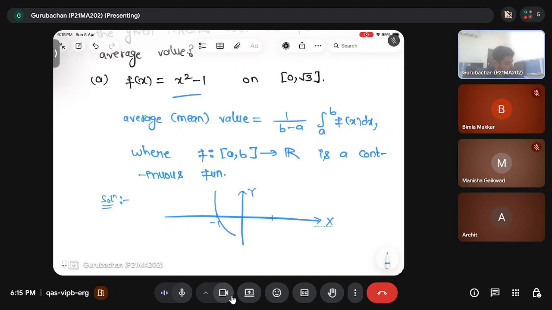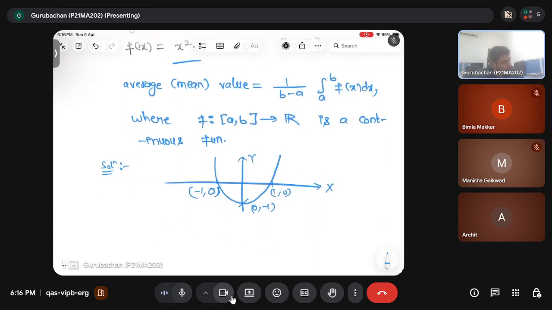So it should be like this, and this is (1, 0) and (minus 1, 0). So what is its average value?